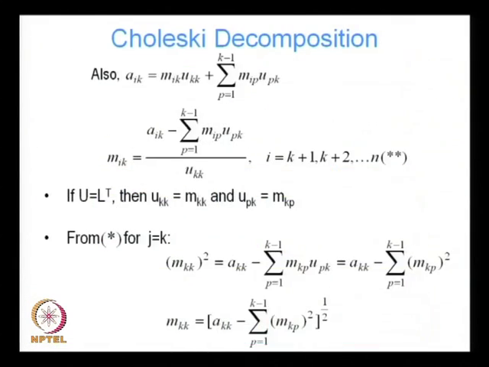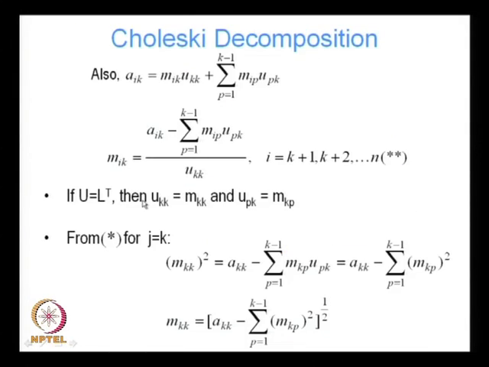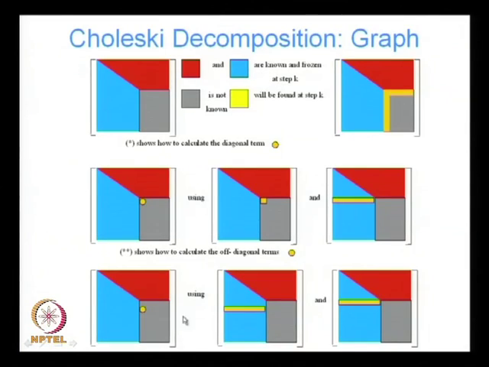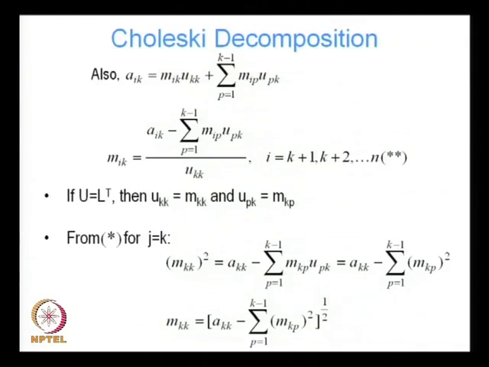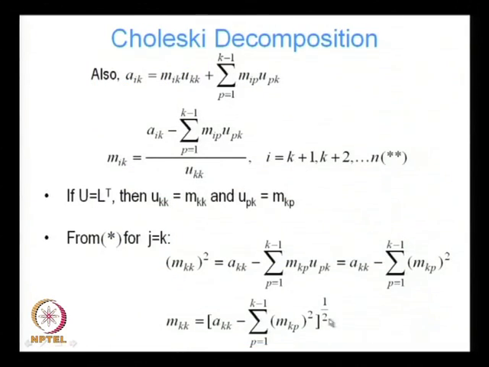The previous equation tells us how we are going to change the diagonal element. This tells us how we are going to change MKK, the diagonal element here. How are you going to form the diagonal element? It is going to be formed by AKK, which is the existing value here, minus MKP square, where p is equal to 1 to k minus 1.